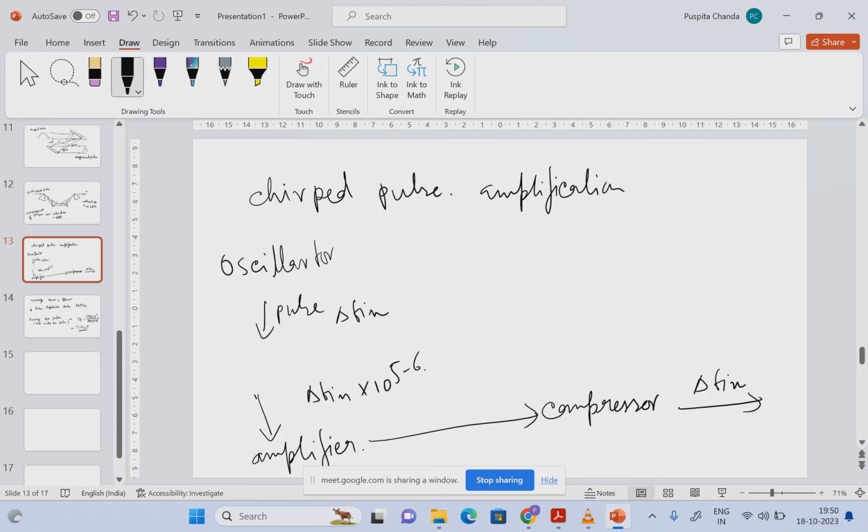Their threshold is much greater than any other optical component, so they can do the work. In chirped pulse amplification, the stretcher, amplifier and compressor all happen outside the actual laser cavity.